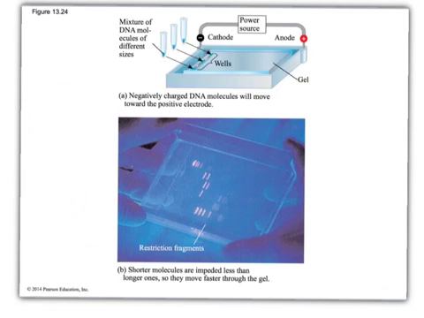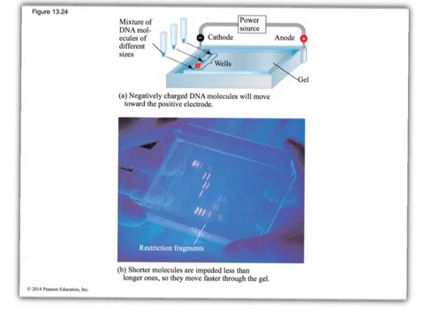Here's the procedure. Here's your mixture of DNA molecules, and you put them into the wells within the gel. Now you subject that gel to electrical current, and the DNA will move towards the red. Always run towards red.